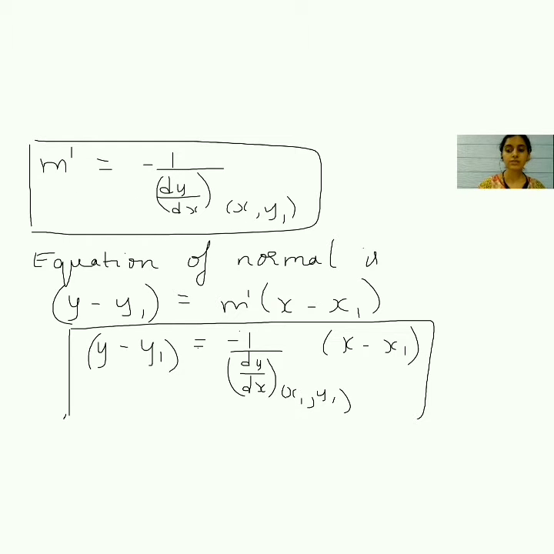The second one is derivative as a rate measure. Now, what do we understand by rate measure?